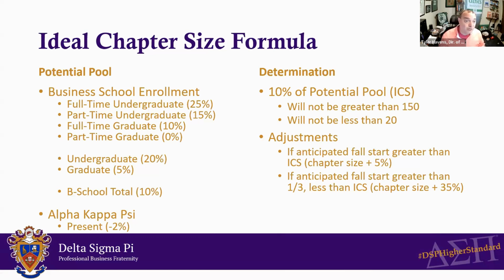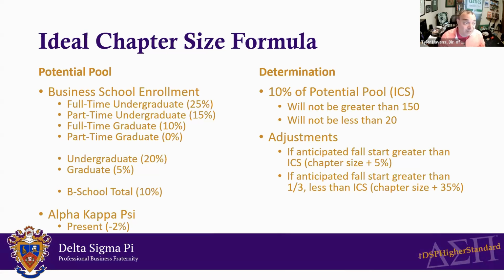If we do see that, we assume that AK Psi is probably pulling 2% of our pool away from us as another interest organization, and so we do factor that in as well. Ultimately, we're looking for about 10% of that potential pool that is created from business school enrollments.